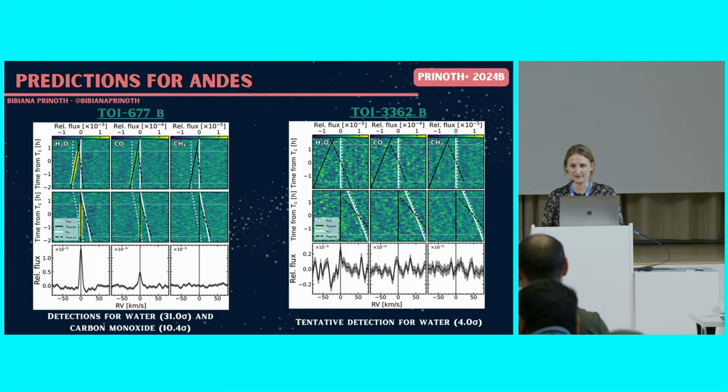I did not vary anything with the star. I just assumed a constant stellar model. But we have detections for water and also carbon monoxide in this TOI-677b, and you see one could still optimize the telluric position a bit, depending on when one observes. For TOI-3362b, I would say it's kind of a bit hopeless to actually see something there. You can correct me on that if you want to.